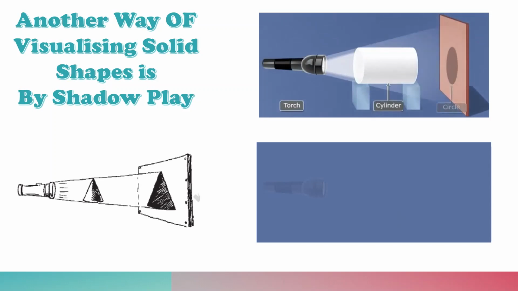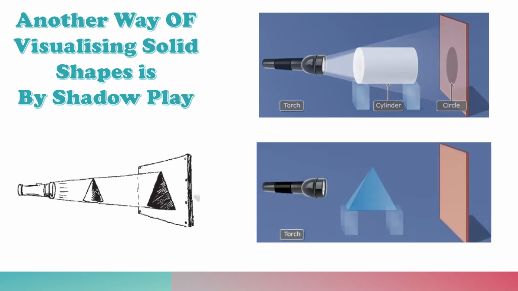Here is another example, of a cylinder. You can see that when light falls on a cylinder from the front, it makes a shadow of a circle. In the same way, if you take a pyramid and you project the light from one of its sides, the shape of the shadow is triangular.